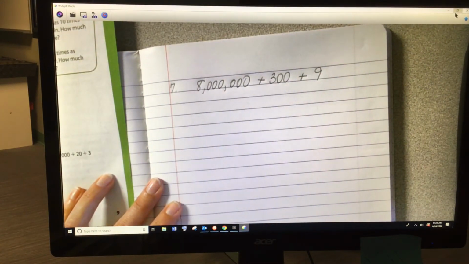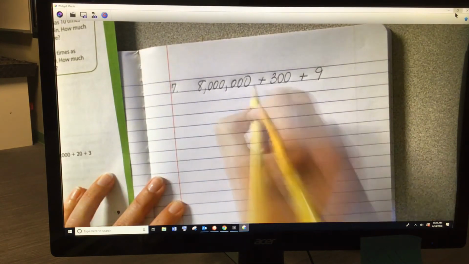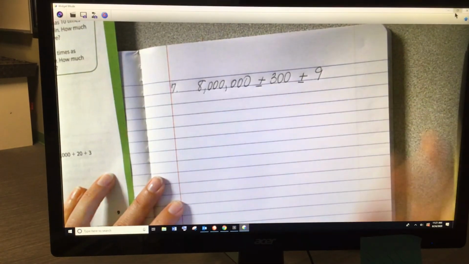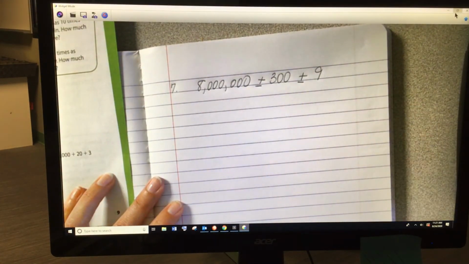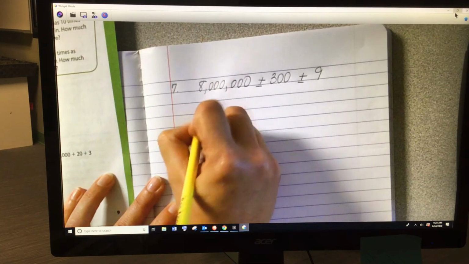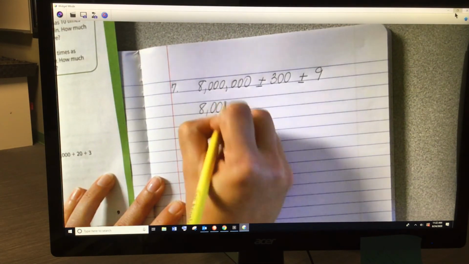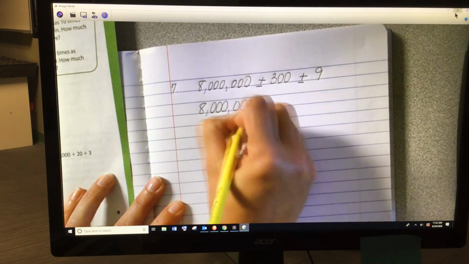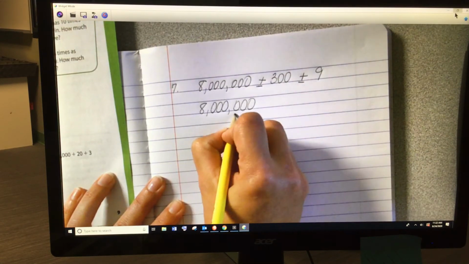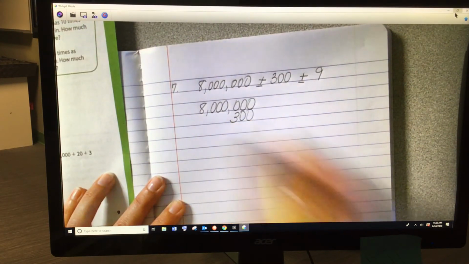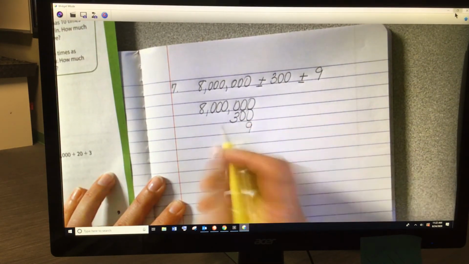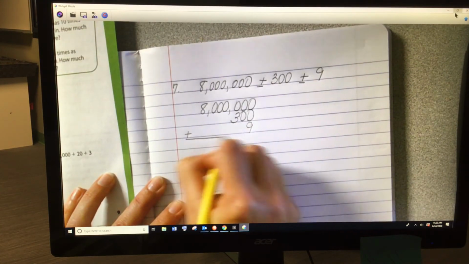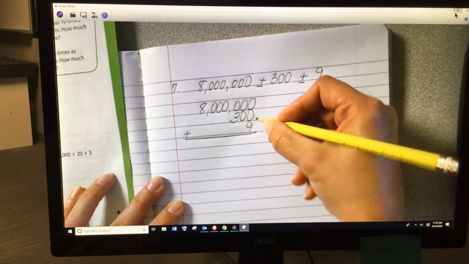Now, if I look at this, what operation do I see between every single value? Well, I see addition. So could I make it into an addition problem? Sure, and line up our place value. So 8 million. Notice how I'm using one whole line for each one of my numbers, plus 300, lining up our place value, plus 9, then the ones place. So we can add 0 plus 0 plus 9.